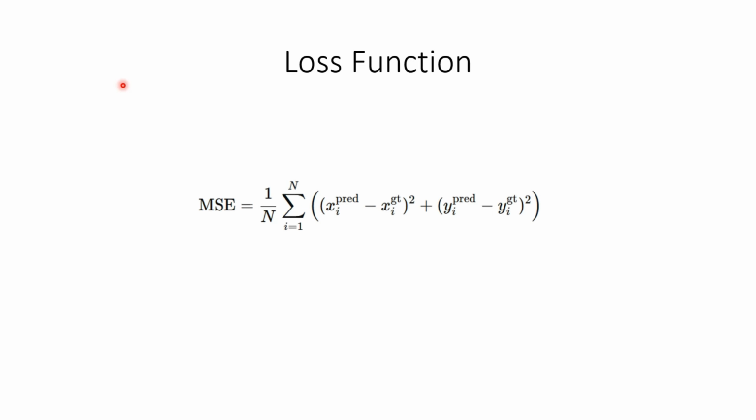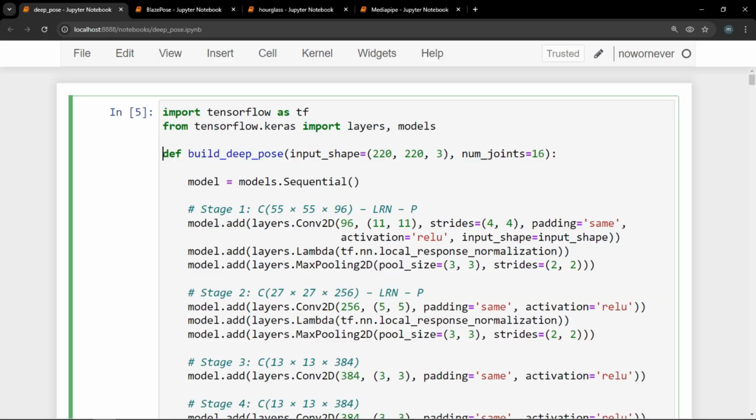The loss function used in DeepPose is mean square error, which is typical for regression tasks. It calculates the distance between the predicted joint coordinates and the ground truth coordinates. Here is the TensorFlow implementation of the model.